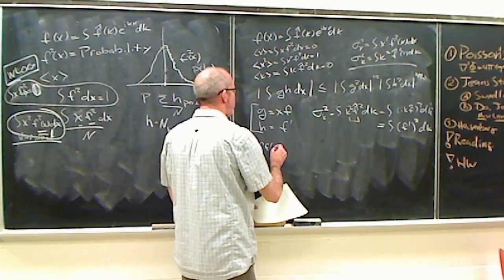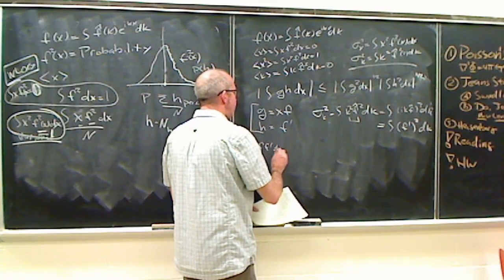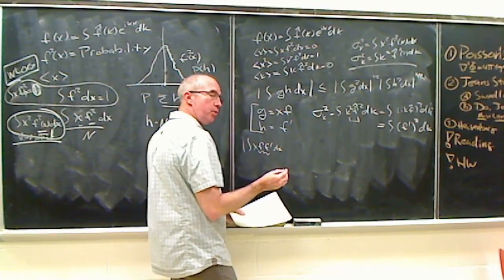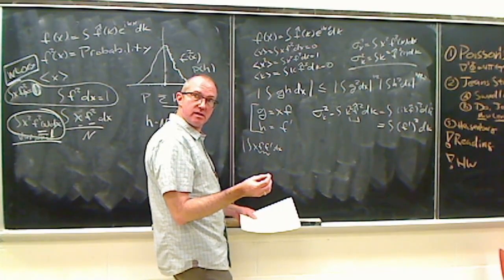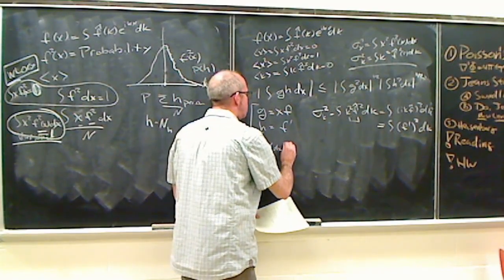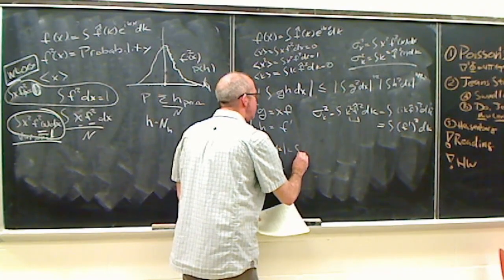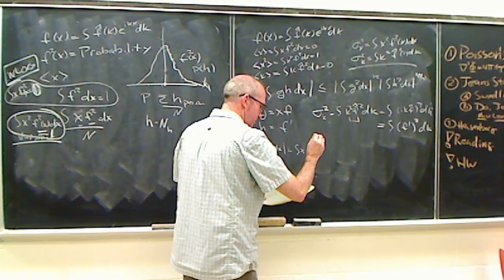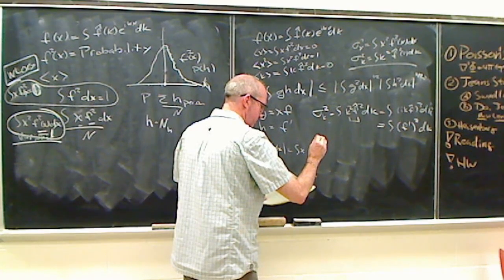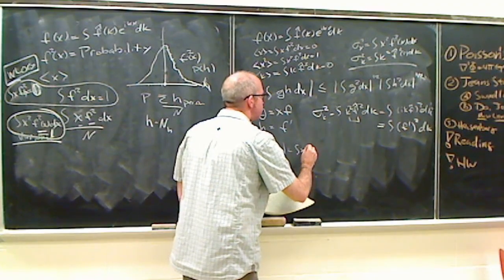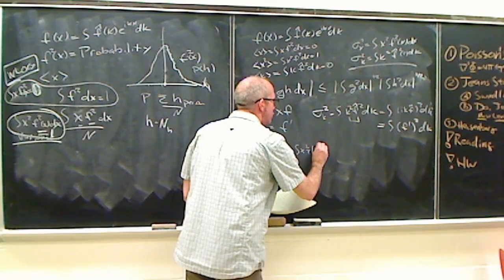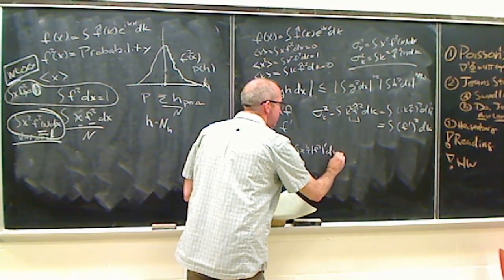I can just integrate this by parts, and this turns into the integral of x times 1/2 the derivative of f squared dx.